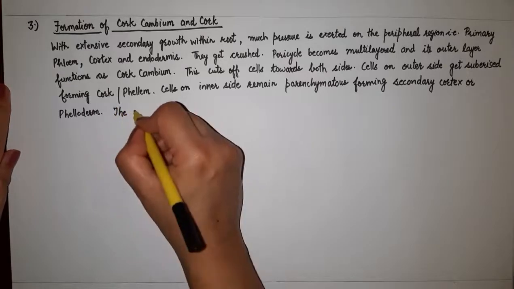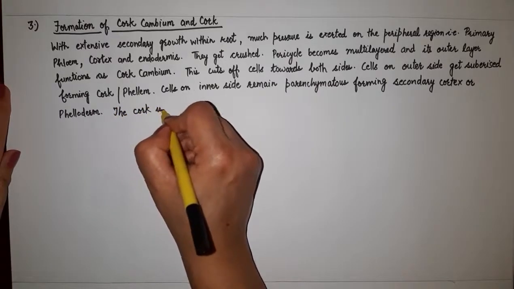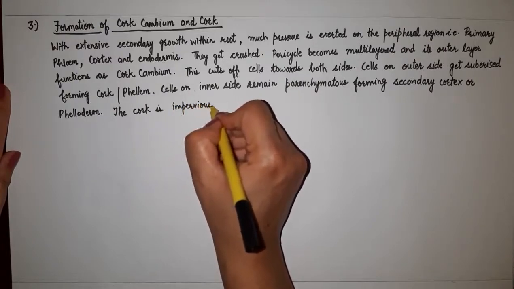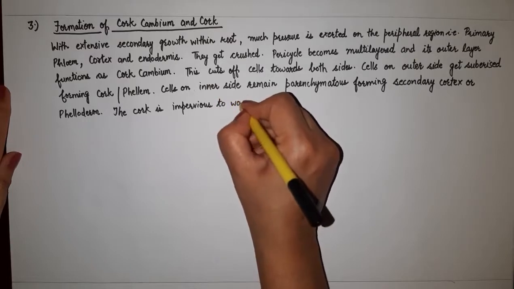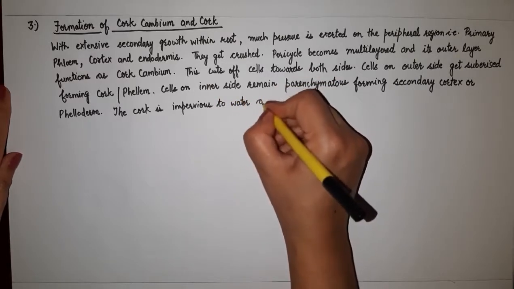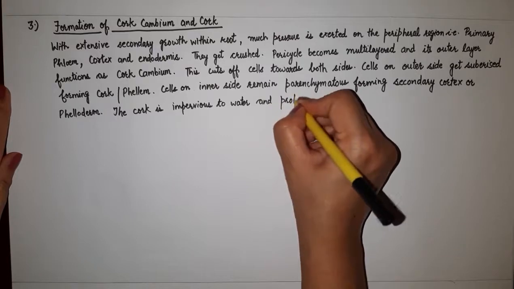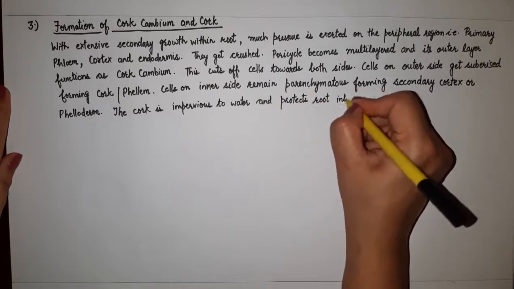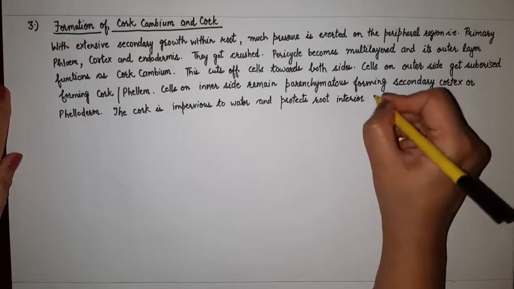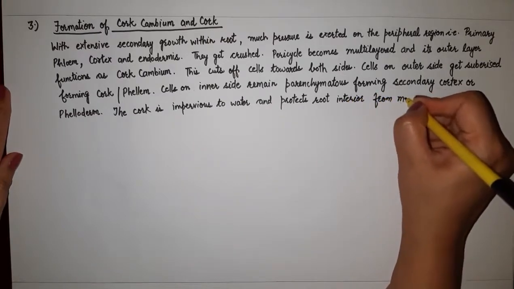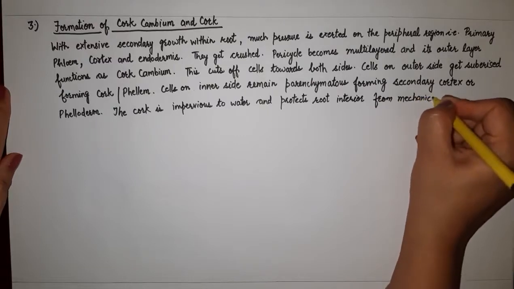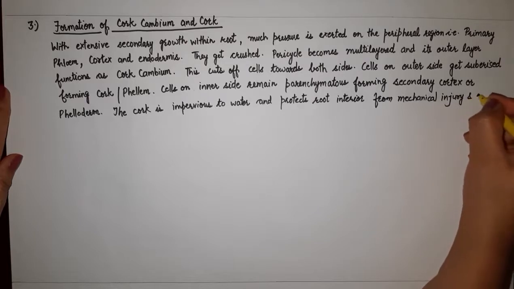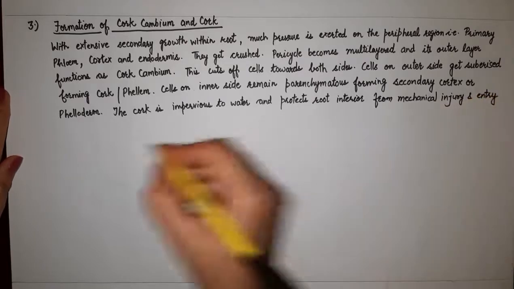The cork is impervious to water and protects the root interior from mechanical injury and entry of bacteria.